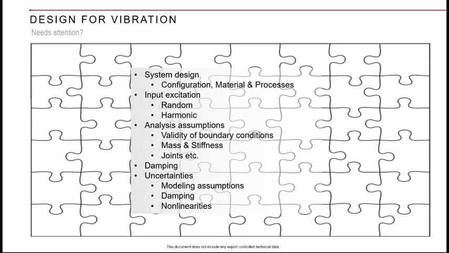Then input excitation, random or harmonic, and analysis assumptions. We have a lot of assumptions that we may have to make as a part of the simulations, like the boundary conditions, where to fix, how the contact should be defined, how the mass and stiffness should be modeled, what joints we should consider, what kind of kinematic joints you should model.